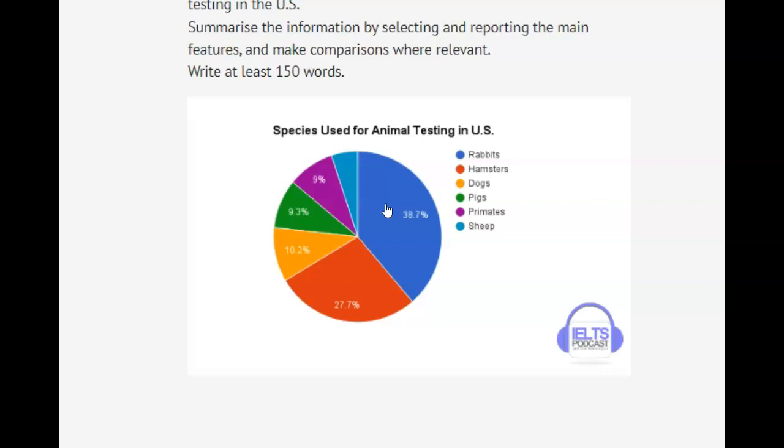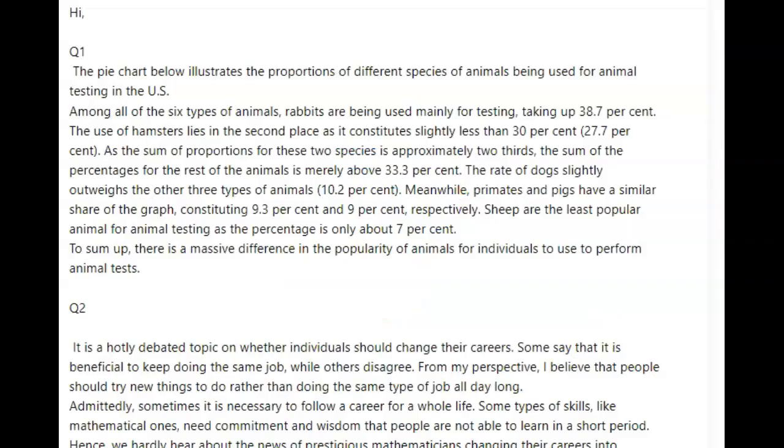I mean, that's far more specific. Or you could have said rabbits are the most popular animal and sheep the least. So either one of those would have been okay. But just saying that there's a massive difference, yeah, it's okay. But there's really not much in terms of information there, okay?